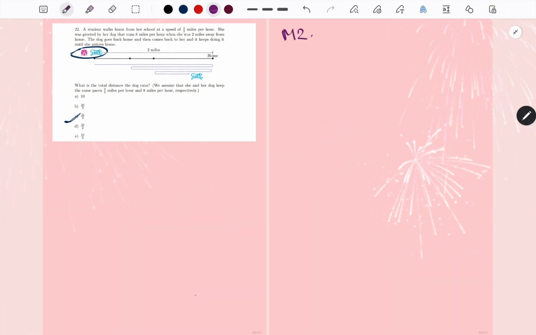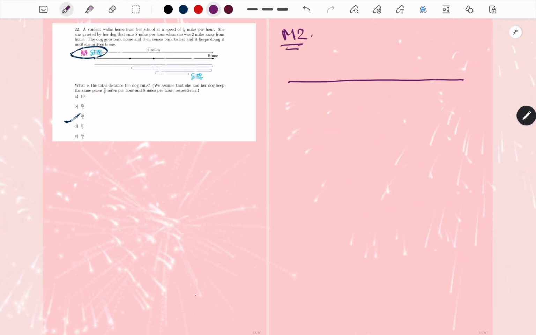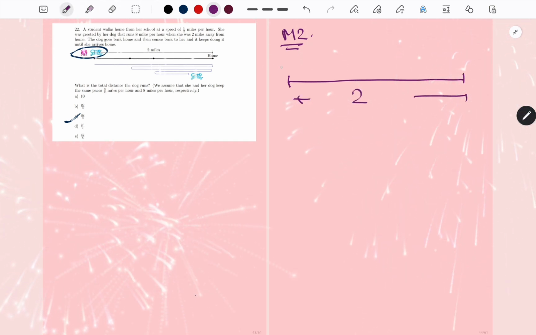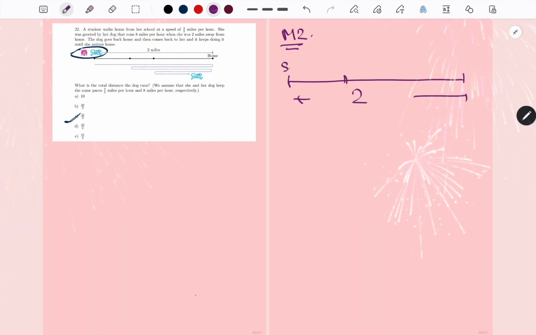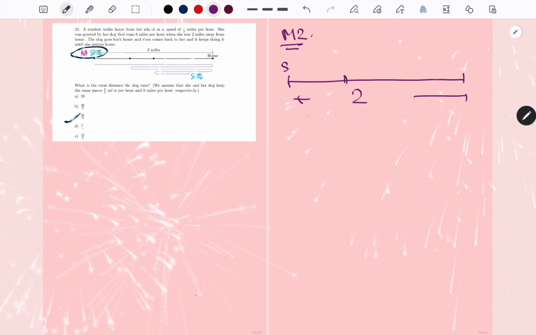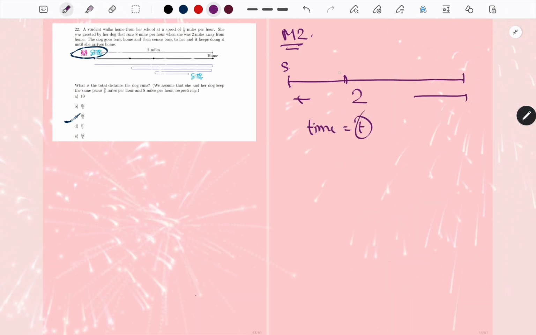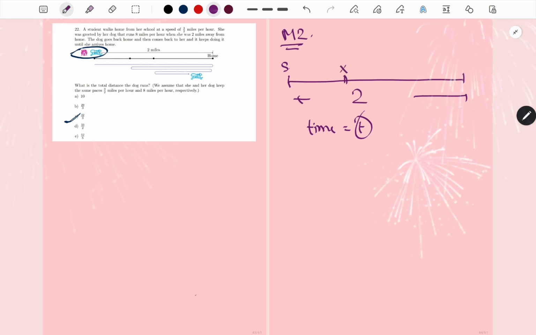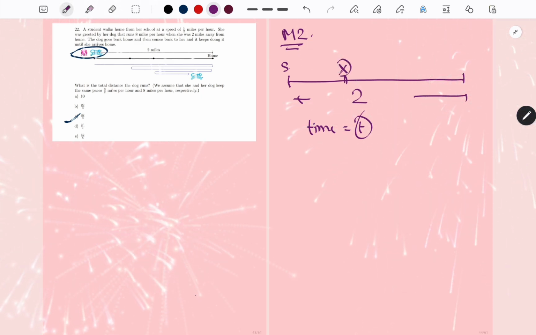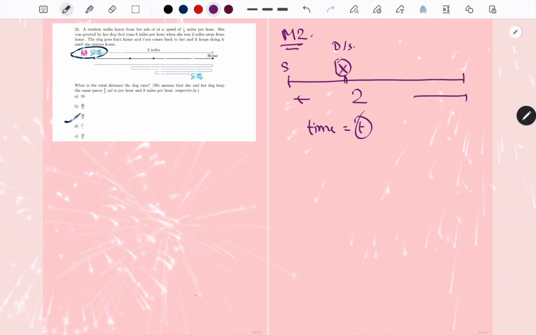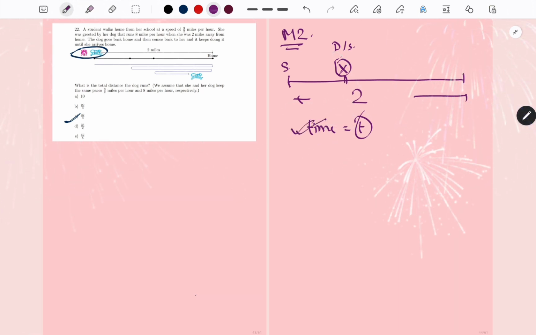So method 2, let's see one situation where this distance is given as 2. The student is here. Let's suppose the time is t, where x is the point where the dog meets the student again. So let the time elapsed be t.